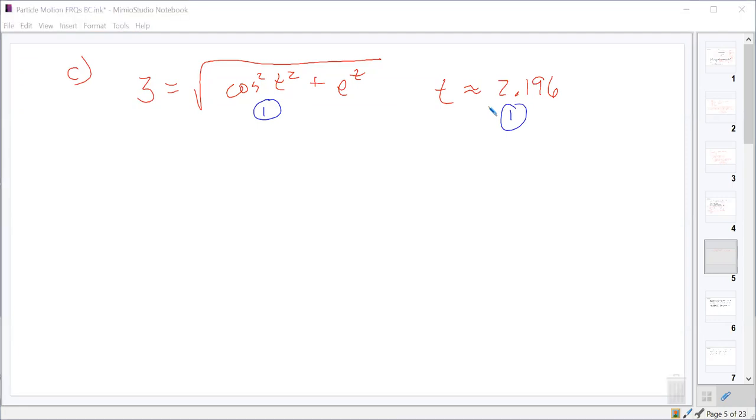Any questions on that part? So the one for having like the speed equation, not the whole equation, just the representation of speed, and then 1 point for the answer, the time. All right. Any questions on C?